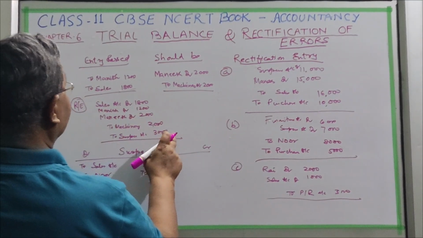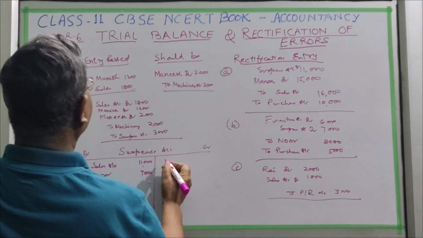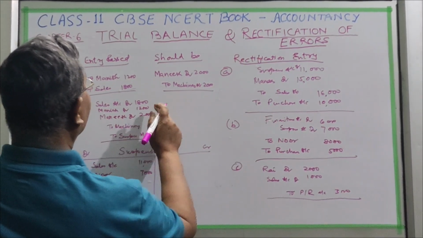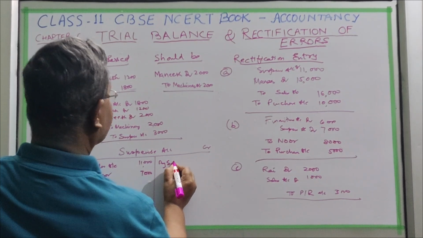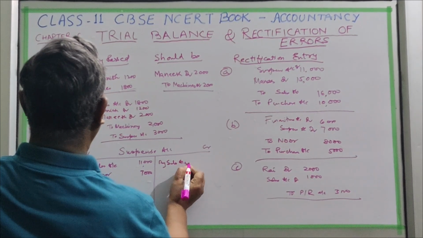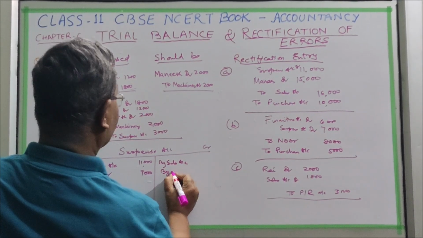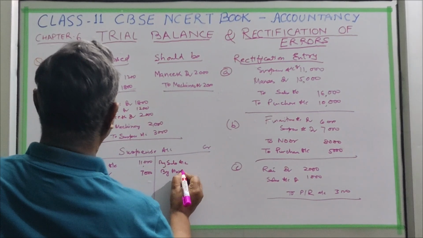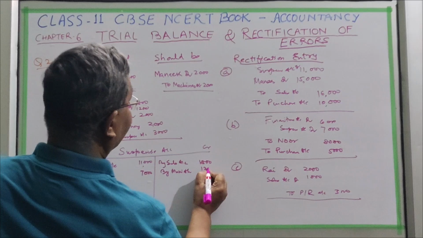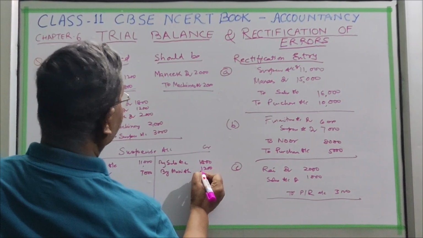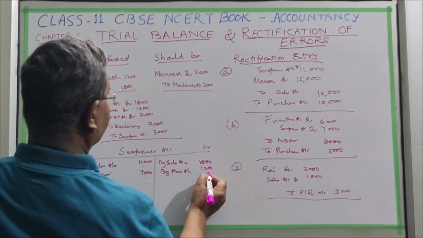Then here it is not required. Here suspense account is created 3,000. You take to sales account or by Manish. 1,800 and 1,200. So it is 3,000 amount is coming.